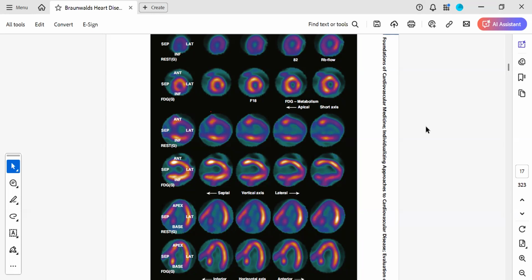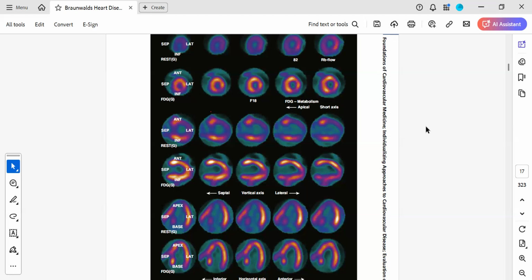Or you can choose another protocol, which is to give a metabolic agent, which should be taken up and utilized by that tissue. So, like this one we are looking at, you are looking out for metabolic activity of the myocardium. And that would also help you interpret viability.